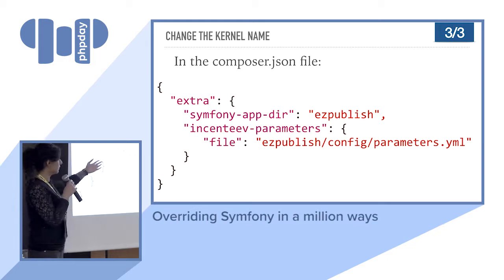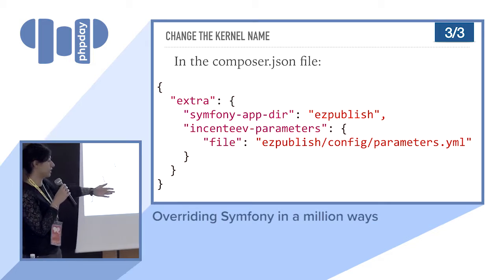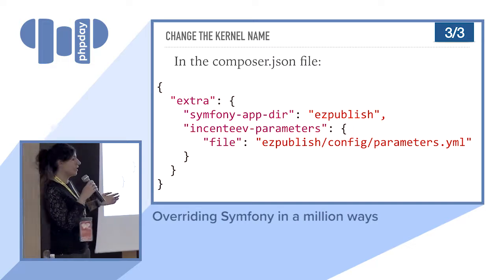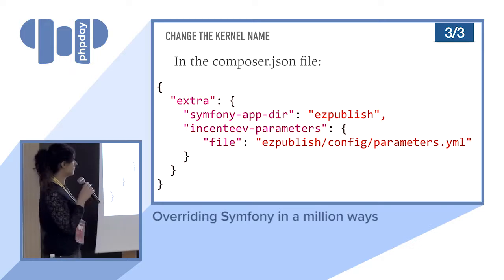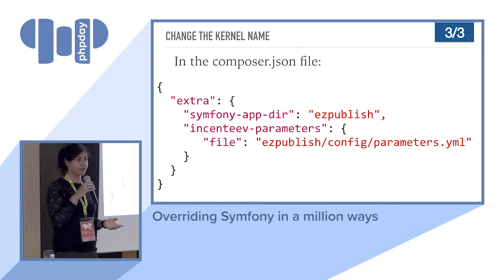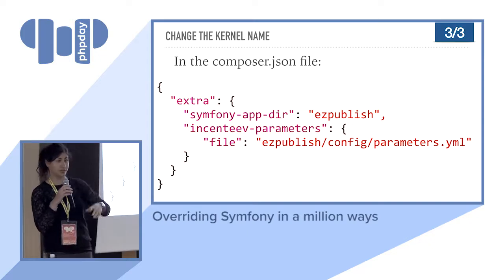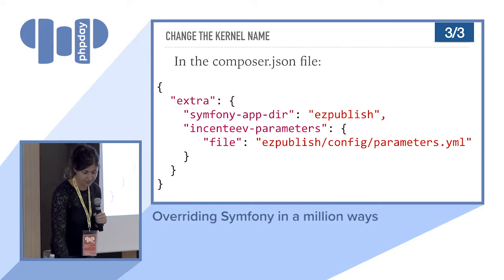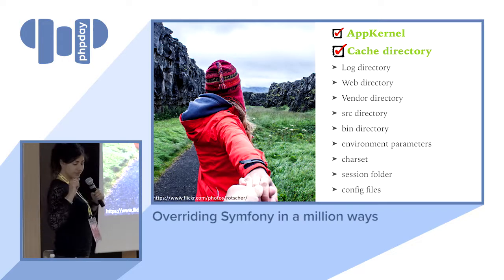And of course, you have to change the path to the parameters.yaml file because it's used by Incenteev parameters, which is used when you are doing a composer install or composer update when the parameters.yaml file doesn't exist. It takes the parameters.yaml.dist and just copies it and asks for every parameter, remember? And that's it.